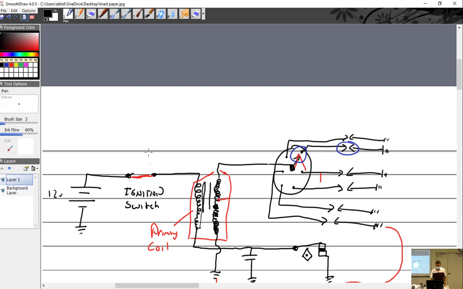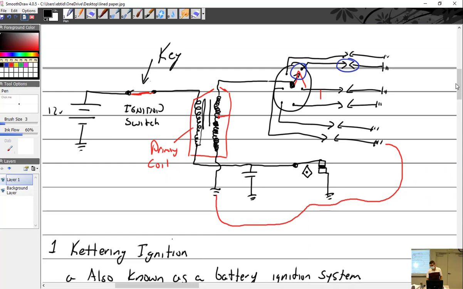This right here is the key. When you turn it on. But your points are over here, sometimes called breaker points. You can call them points, call them contacts.